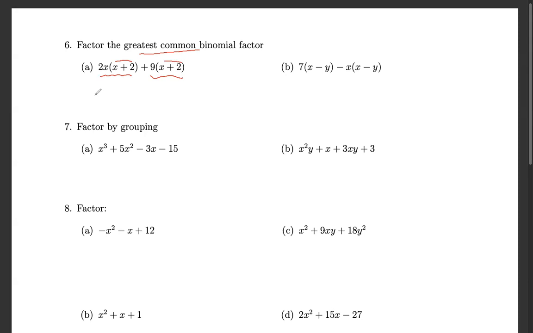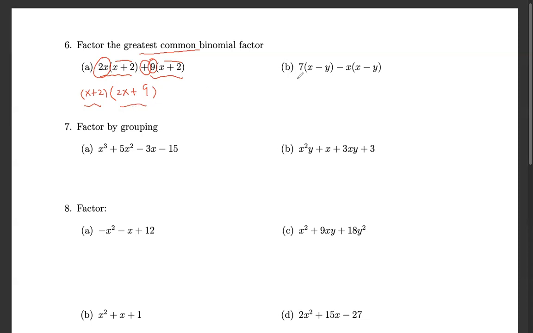Even is a binomial. So that means we can factor out x plus 2. Then the first one we are left with 2x. The operation is plus. And the second one we are left with 9. And that's it. So that needs to be a binomial multiplied by a binomial. And this is in factored form because you have something multiplied by something.